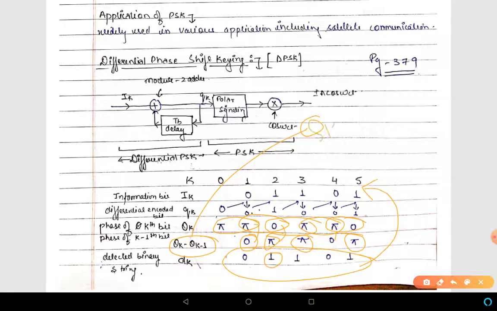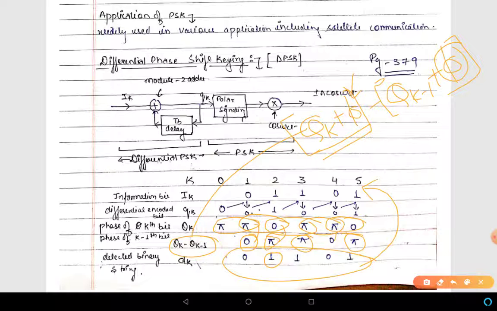Suppose the carrier has some unknown phase phi. The phase of the kth bit is theta k plus phi, and we are subtracting the phase of the previous bit, theta k minus 1 plus phi, assuming this phase which is unknown at the receiver remains the same for at least two adjacent bit durations.